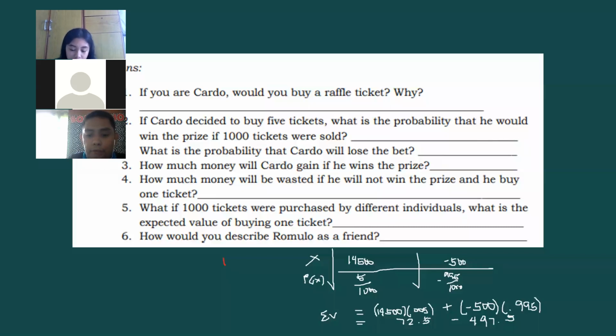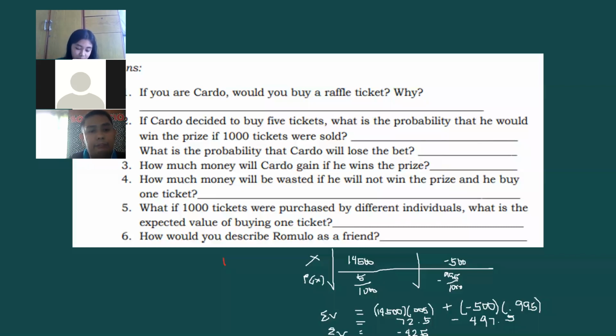So 72.5, so pag minusin natin, so that's 72.5 minus 497.5. That's negative 425. This is our expected value.